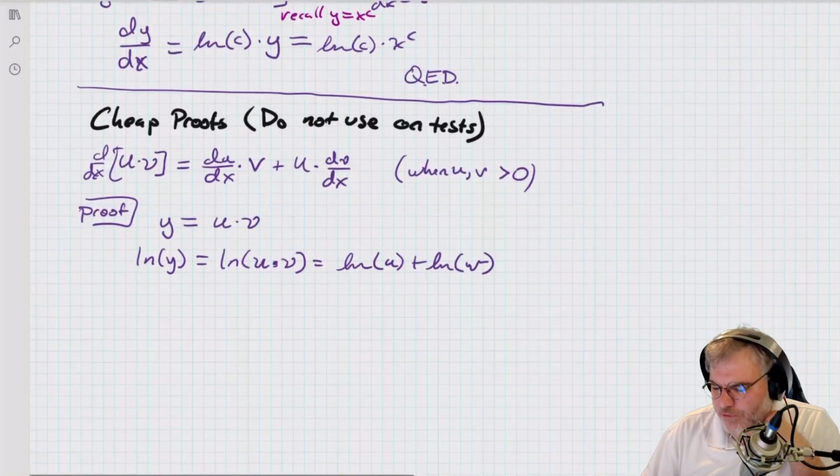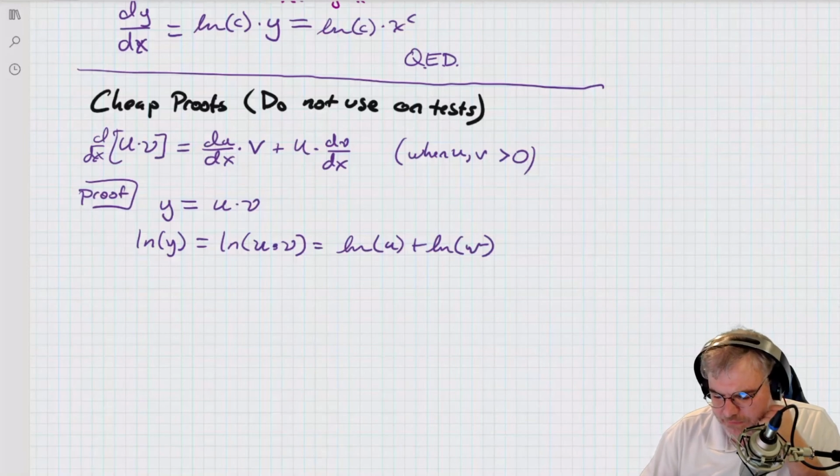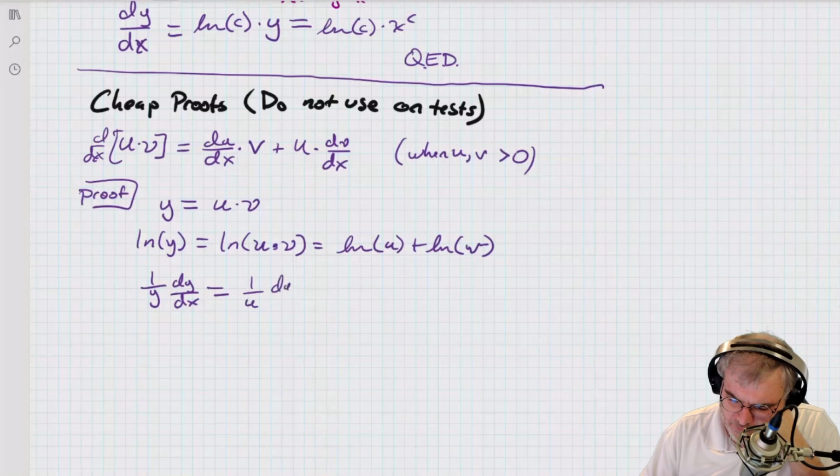Now I'm just going to take the derivative of both sides. So this is going to be 1 over y dy over dx equals 1 over u du over dx plus 1 over v dv over dx.